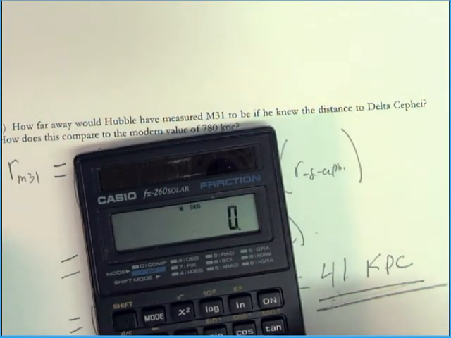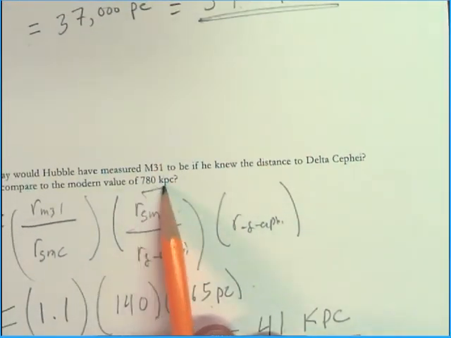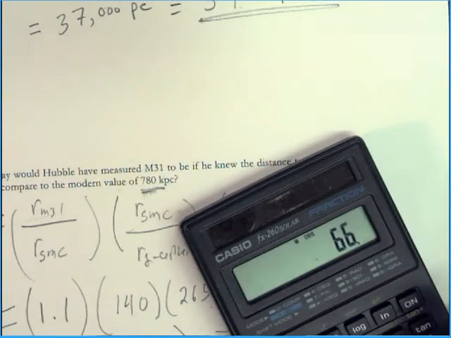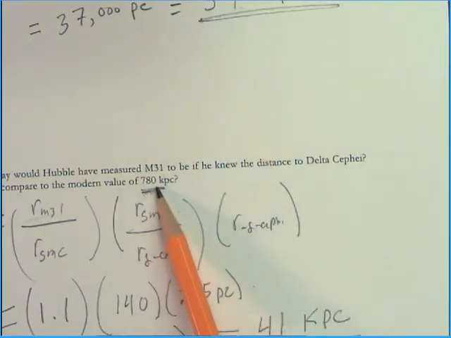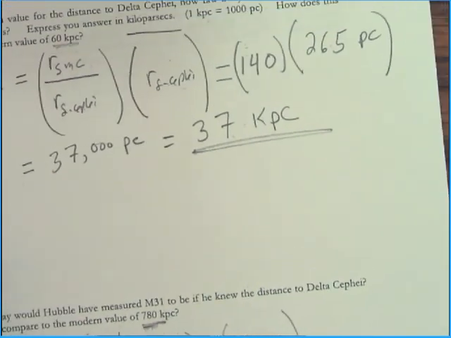That would be 1.1 times 60, which is 66, which is still nowhere near 780. So you can see that based on his data, the distance to the Andromeda Galaxy is about a factor of 10 closer than our modern value.